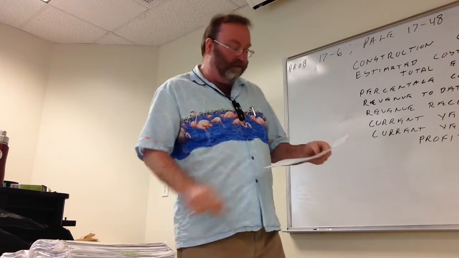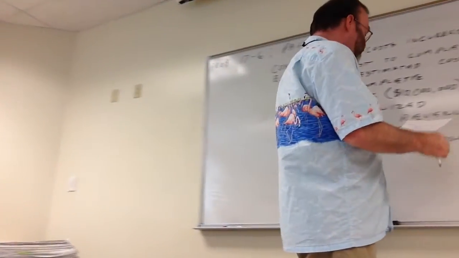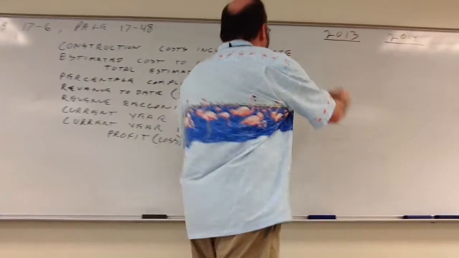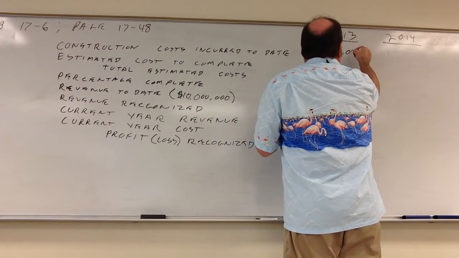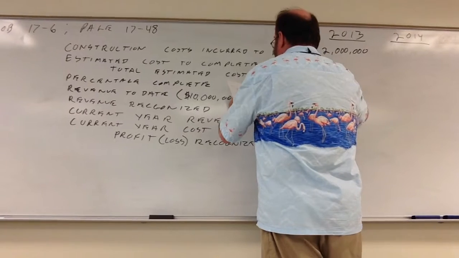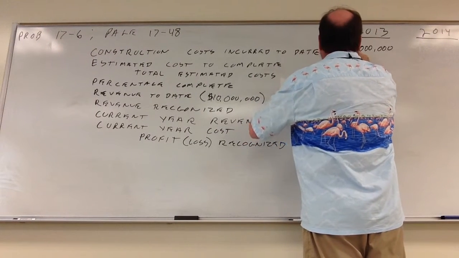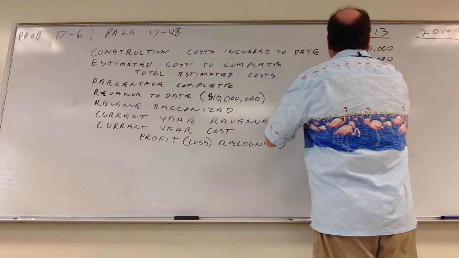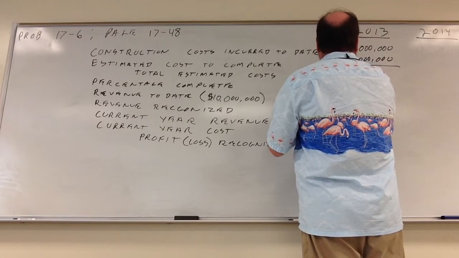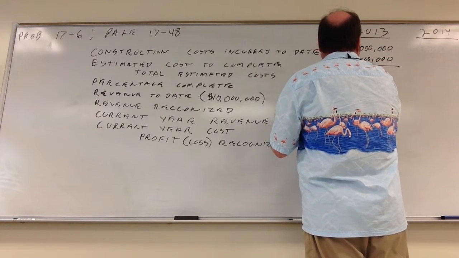And this one is going to be on contract, and there's a creep that happens in the second year. So we have $2 million incurred during the first year, with an estimated cost to complete of $6 million.